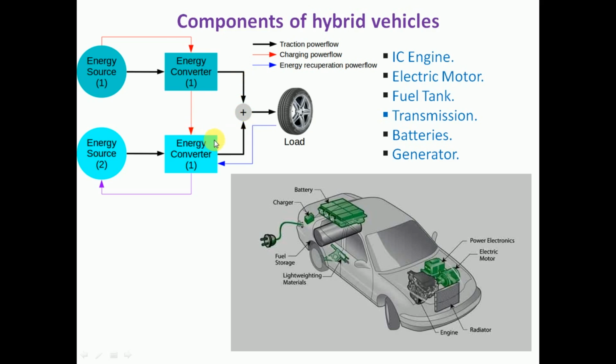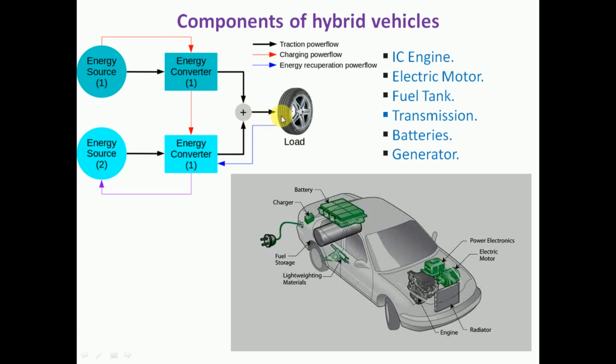And also the second energy source is the battery, that will supply the electricity to the energy converter 2. The energy converter 2 will be the motor, and that motor also provides the torque to run the wheel. Like this, from both the energy sources it gets the power at the wheel.